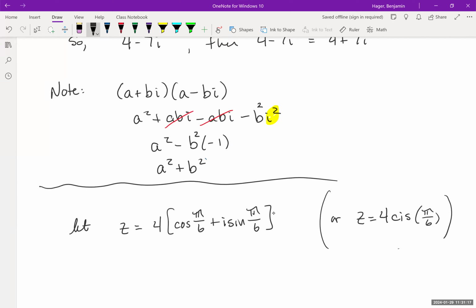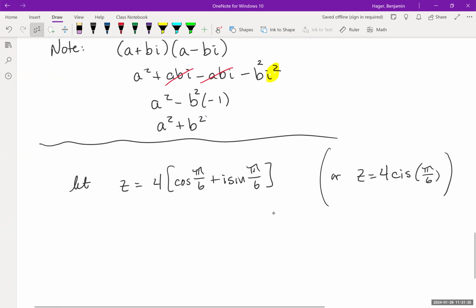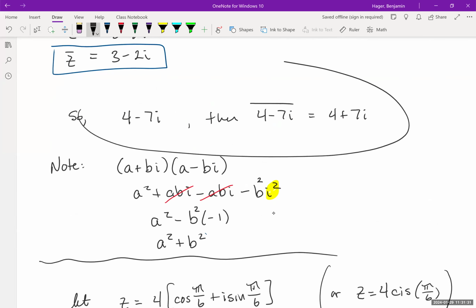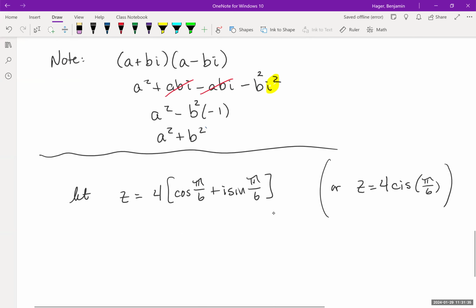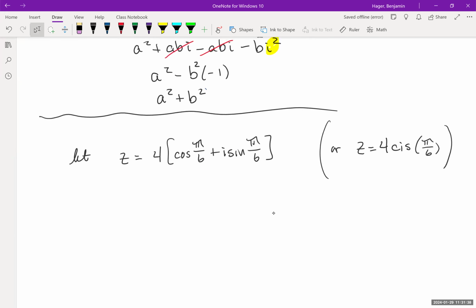Remember that cis stands for cosine i sine. It's describing this format, but it's a little shorter to write. Okay, why don't we convert this from trig form to algebraic form, since we already know how to find the complex conjugate when we are in algebraic form. And this isn't the fastest way to do the problem, but let's just see what happens.